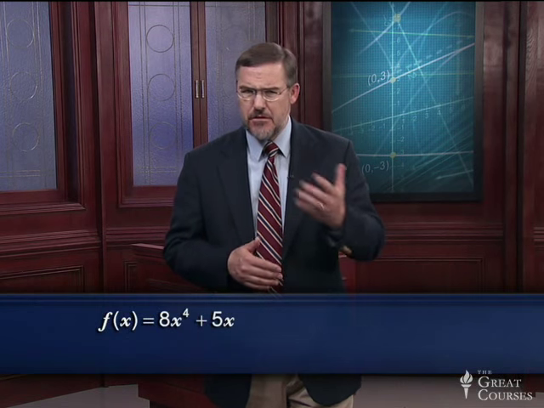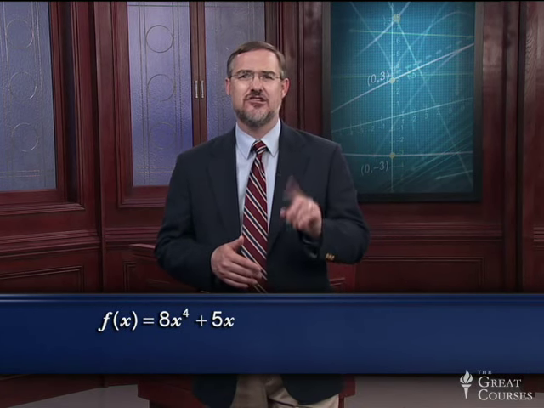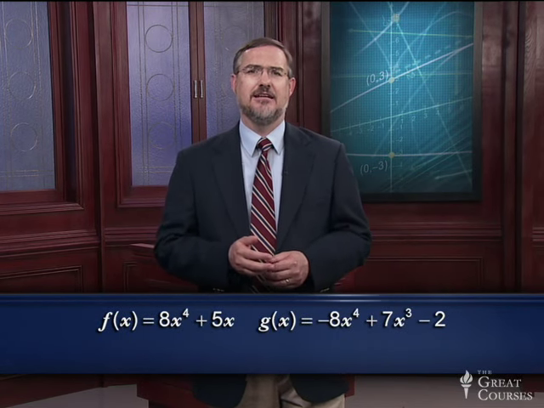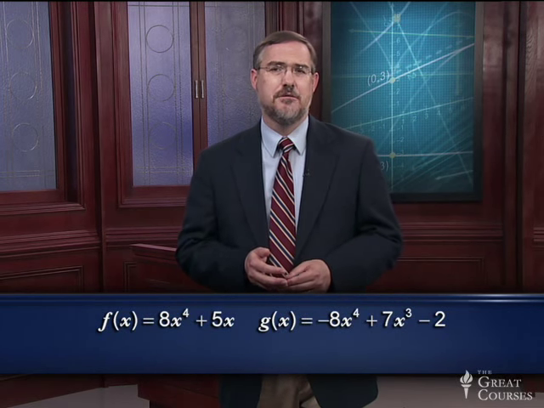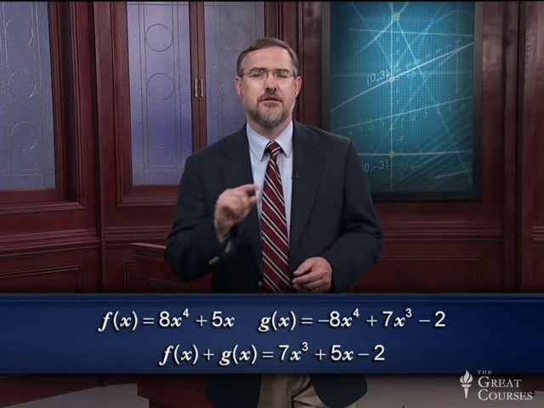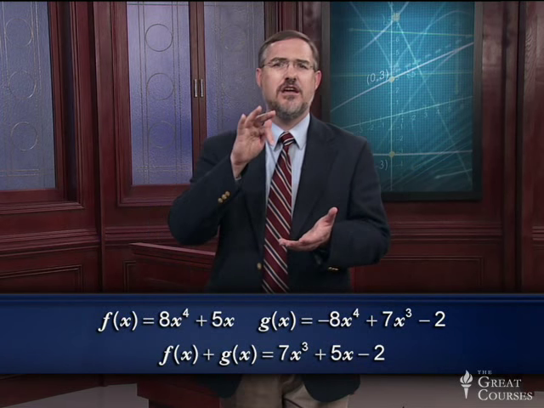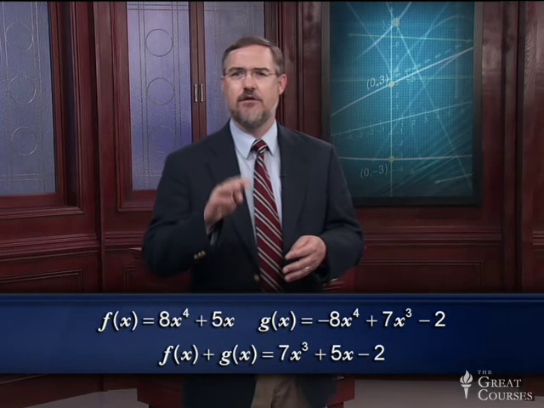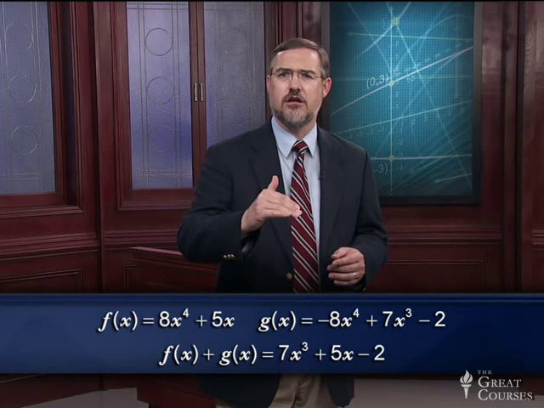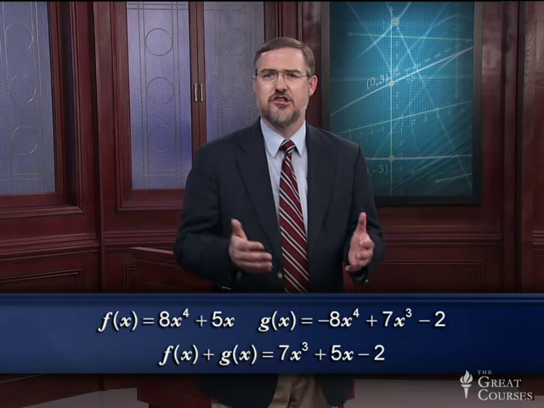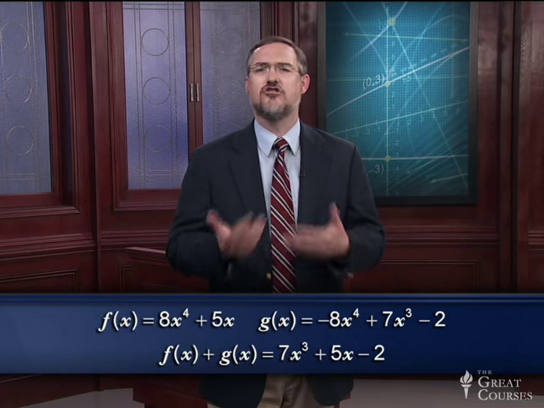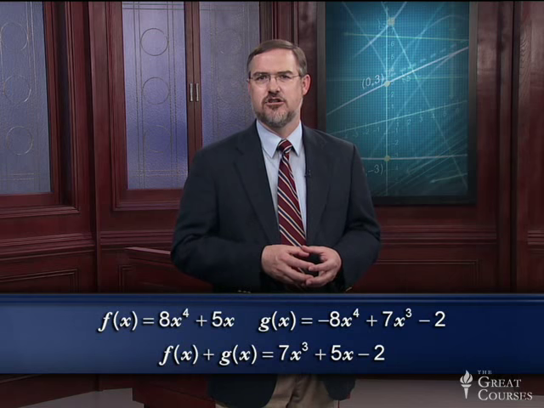For example, if you started with f of x equals 8x to the fourth plus 5x, and g of x equals negative 8x to the fourth plus 7x cubed minus 2, then f of x plus g of x would be 7x cubed plus 5x minus 2, and the degree would have actually gone down. It would have gone from being degree 4 in the original two polynomials to a degree 3 for the sum. And that's because the terms 8x to the fourth and negative 8x to the fourth actually canceled one another out when we did the addition.